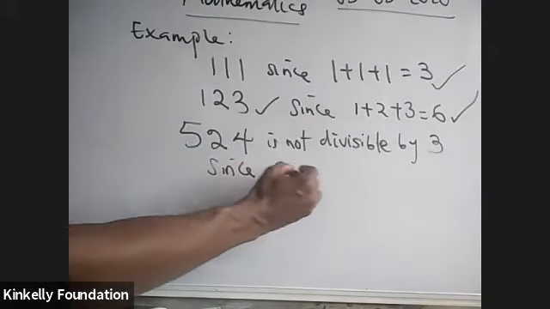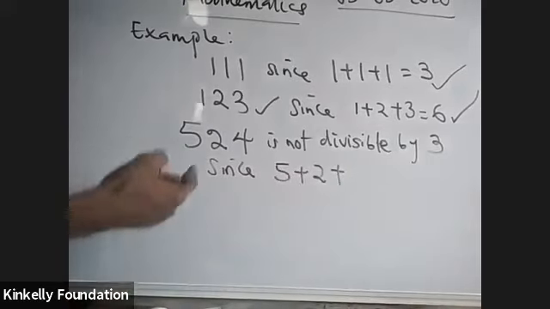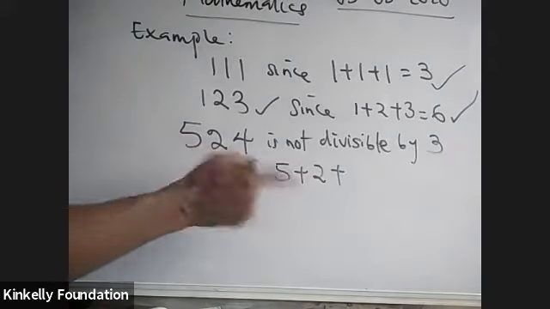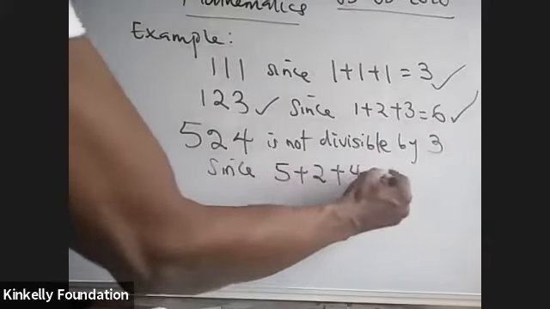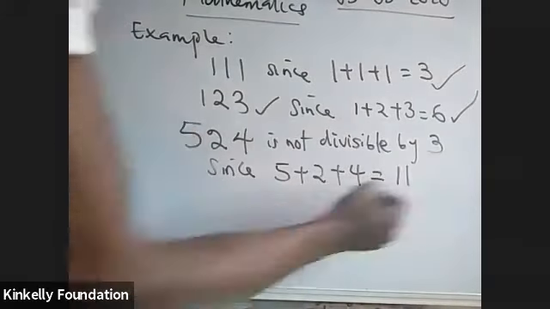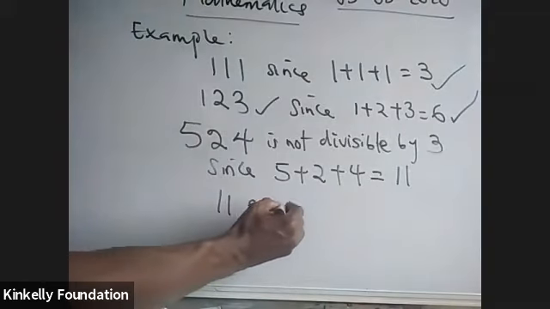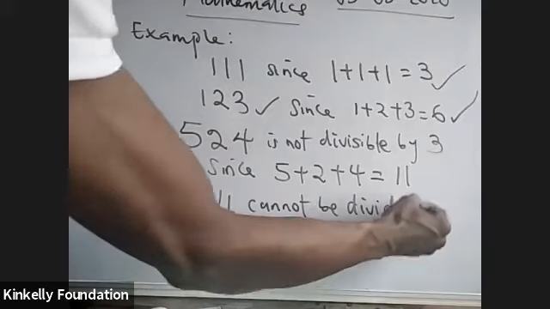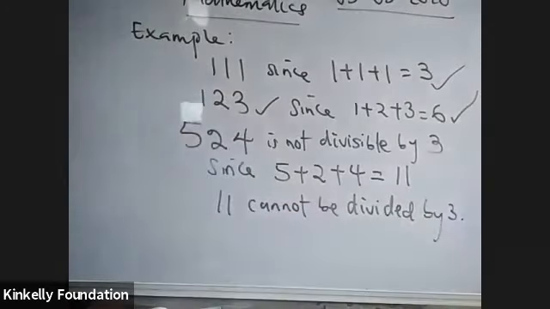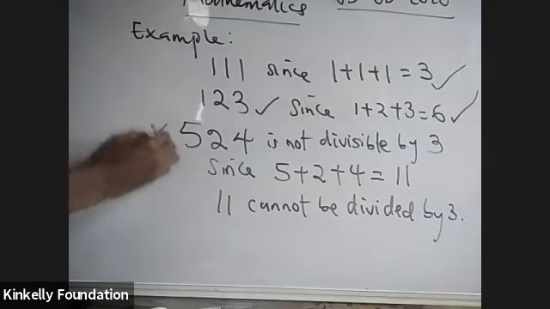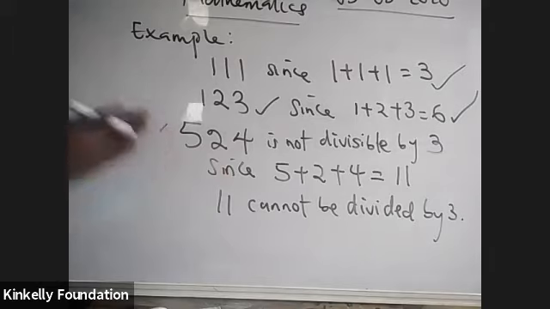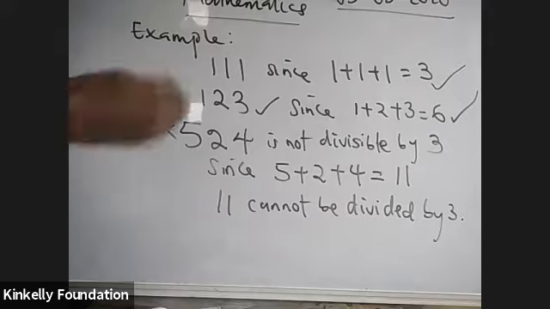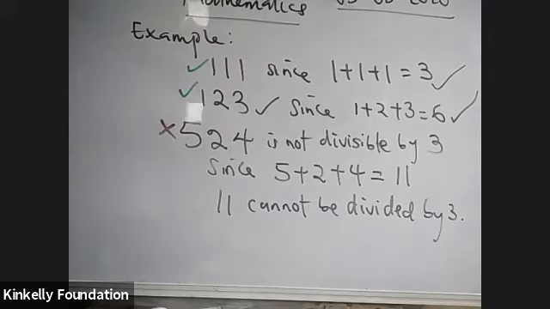But can 2 divide it? 2 can divide this number, but 3 cannot divide it. This one cannot work because the sum of these digits cannot be divided by 3. So these other ones can be divided by 3.